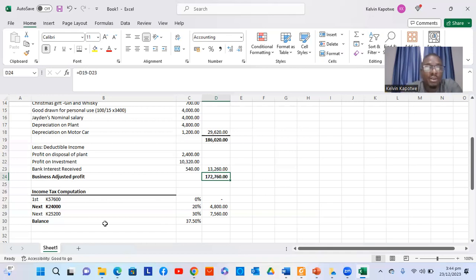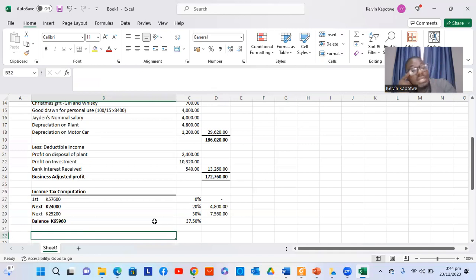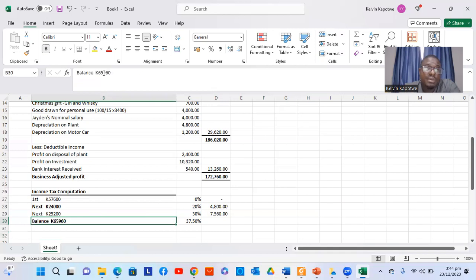The balance that is remaining is 65,960. That is your balance, and this balance now is going to be taxed at 37.5%.